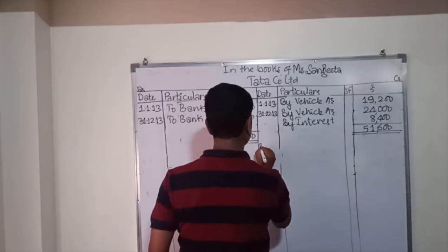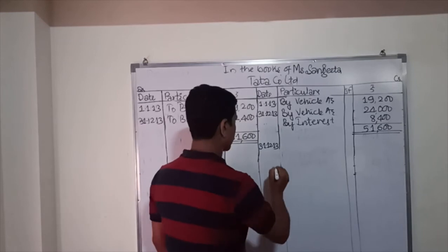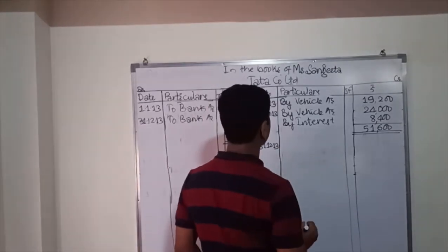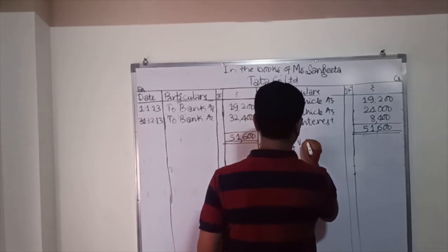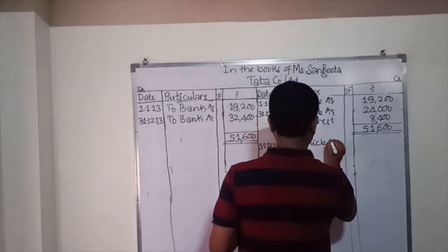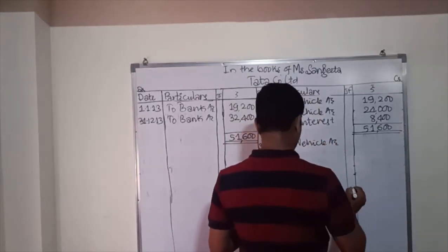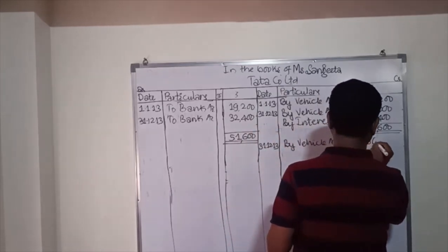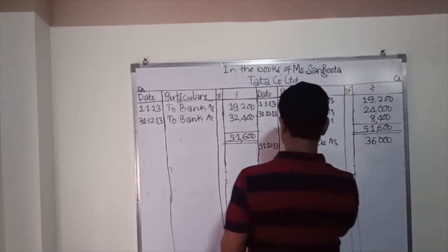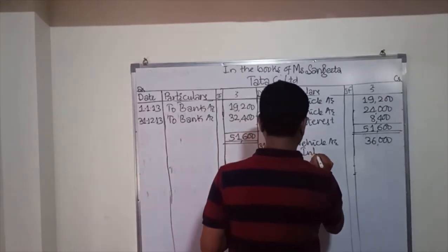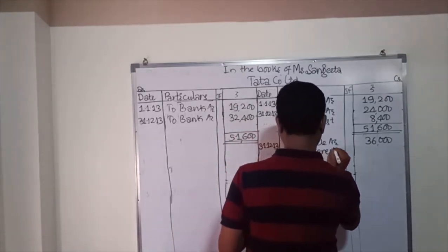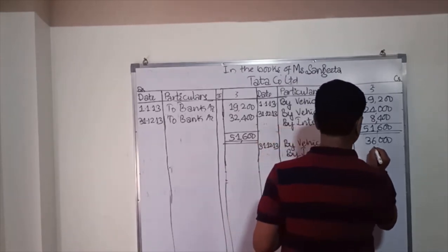Then similarly, we should go for the second year. So the second installment is due on 31st/12/2013. Then the journal entry is vehicle account debit, interest account debit to Tata Limited. So Tata Limited is credited by vehicle account. So it is 36,000. On the same day, interest. So by interest, which we have already calculated in the hire purchase as rupees 6,000.